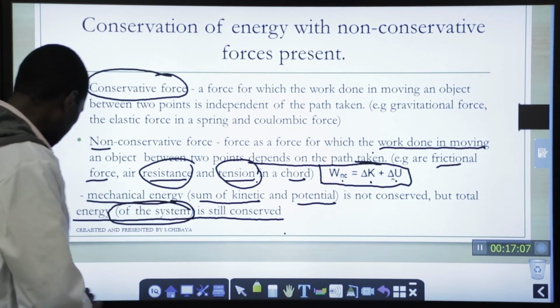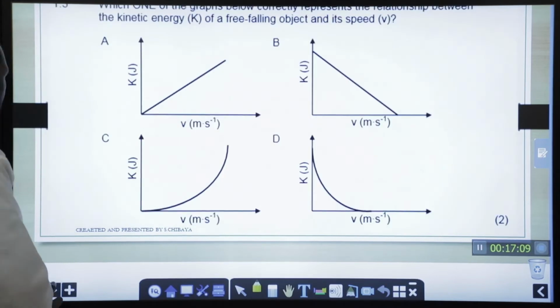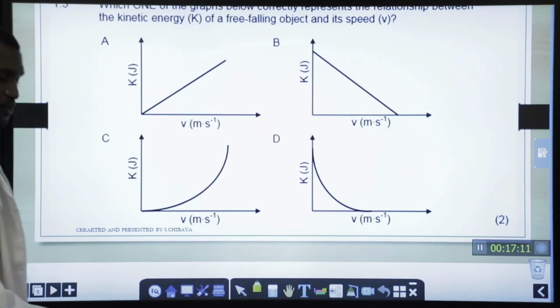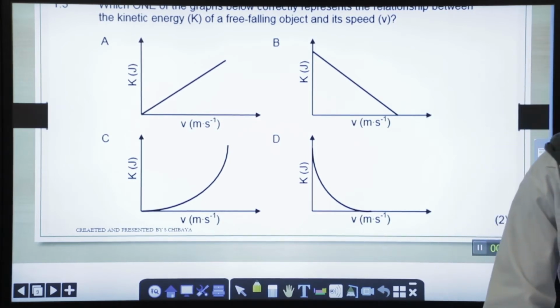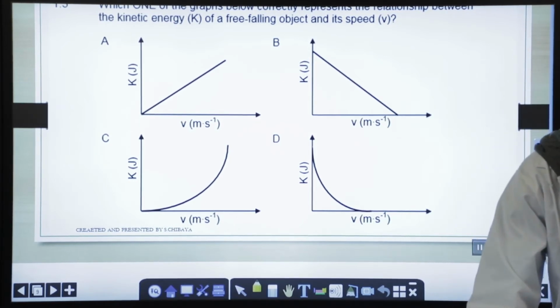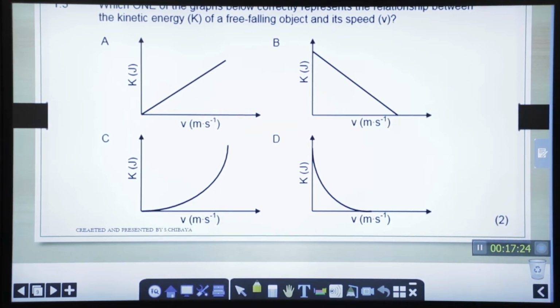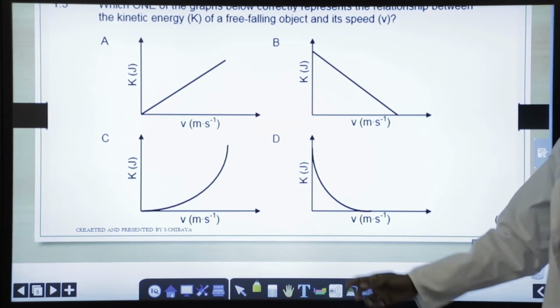You will understand that a little bit more when we start looking at a few questions in light of that. Here's a question that's up on the board that I want us to look at quickly. And the question says, and I want you to think about what we have discussed already.